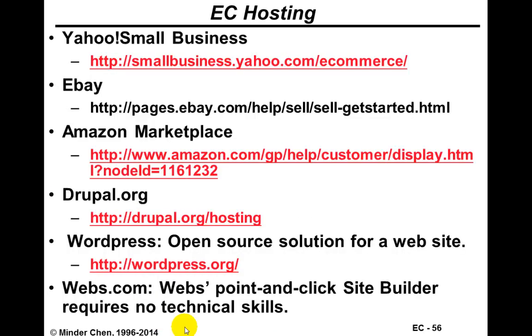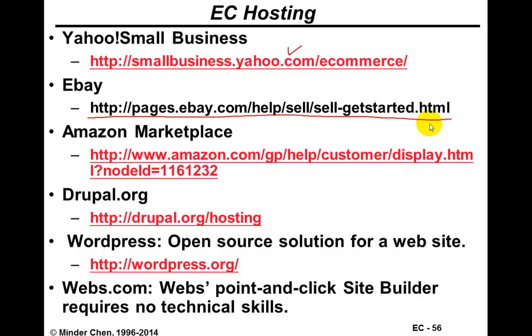Here I list a few e-commerce hosting solutions. Yahoo has a website to support small business. You can build an e-commerce website through that. You can also use eBay to auction off some items. eBay has something called Buy It Now, where you can just name a price.